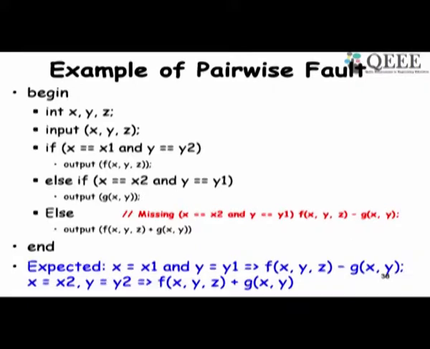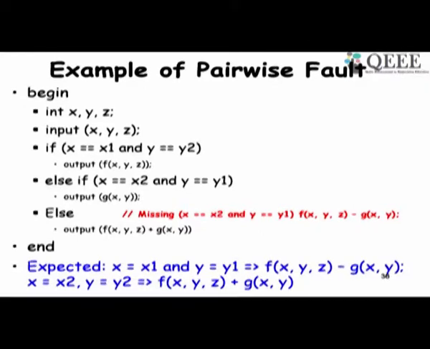Somehow the programmer missed this statement. It takes 3 parameters, x, y, z, and depending on these parameter values, if x is equal to x1 and y equal to y2, it outputs f of x, y, z. If x is equal to x2 and y is equal to y1, it outputs g x, y.